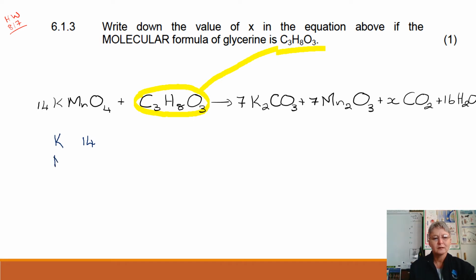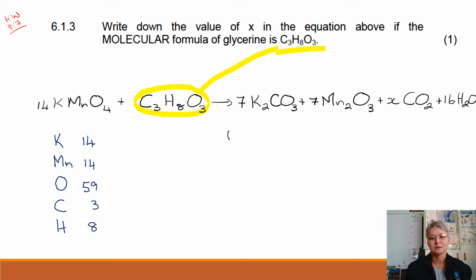Manganese atoms, we've got 14. Oxygen atoms is a bit tricky, but let's write them down. We've got 14 times 4 plus another 3. So that is 59 atoms of oxygen. Carbon atoms, we've got 3 at this point in time. Hydrogen atoms, we've got 8 at this point in time.